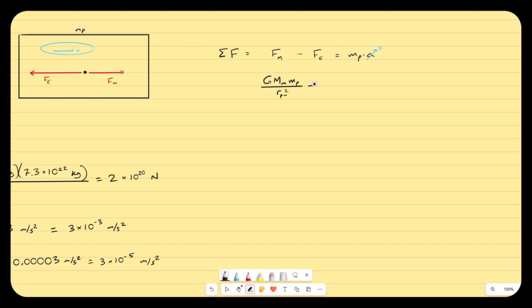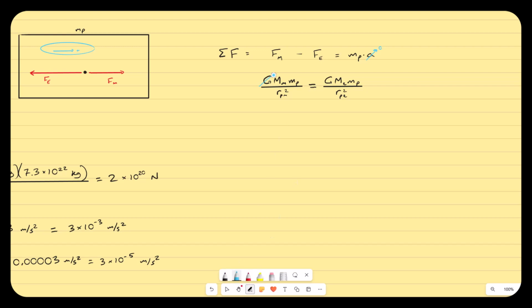And then minus the force from the Earth, so G, mass of the Earth, mass of the person, over distance between the person and the Earth squared equals 0. If that equals 0, that means these two are equal to each other.